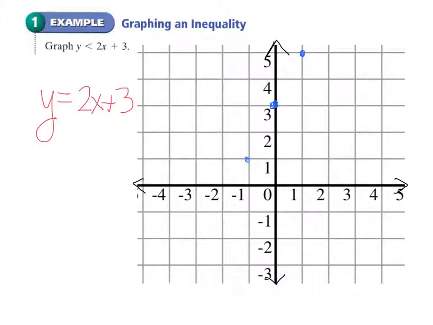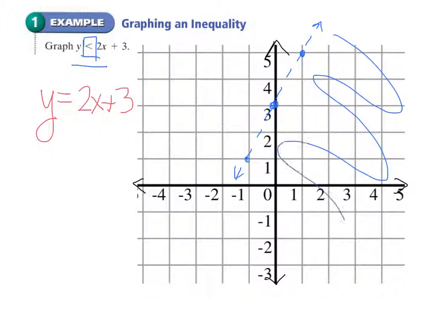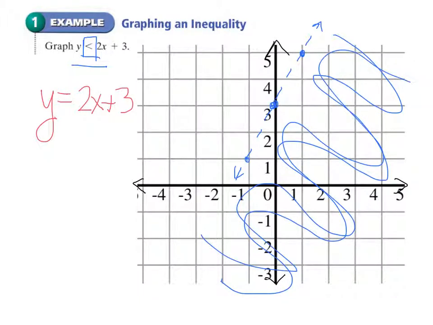Now, because it is less than, that means anything on the line is not a solution. So I draw a dotted line. Because it's solved for y, it says less than. Anything less than, which is to the right here, is a solution.